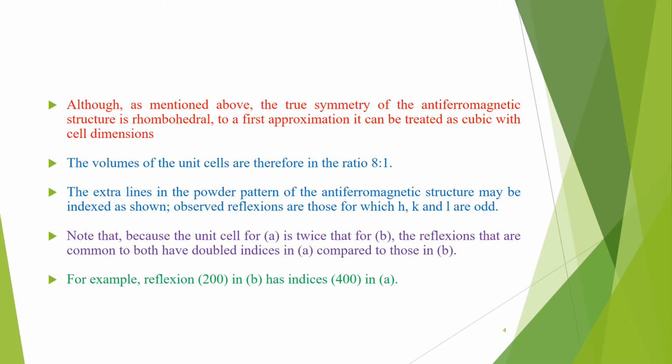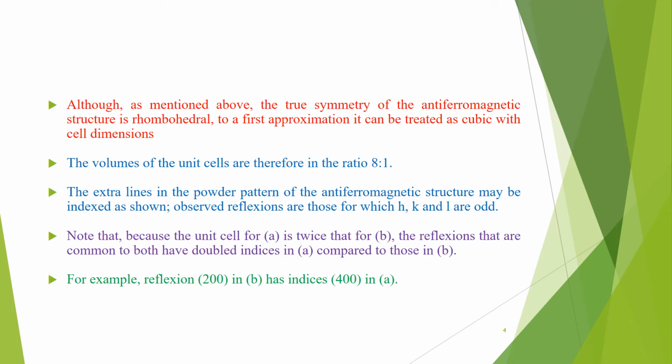The volumes of the unit cells are therefore in the ratio of 8 to 1. The extra lines in the powder pattern of the antiferromagnetic structure may be indexed as shown. Observed reflections are those for which H, K, and L are odd.